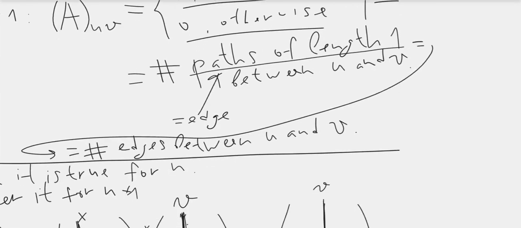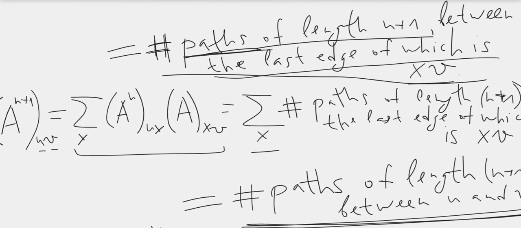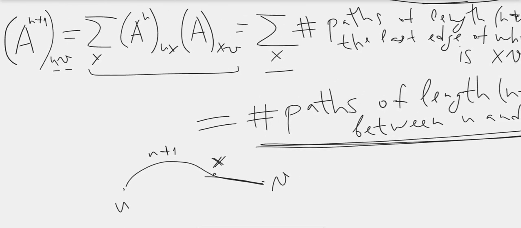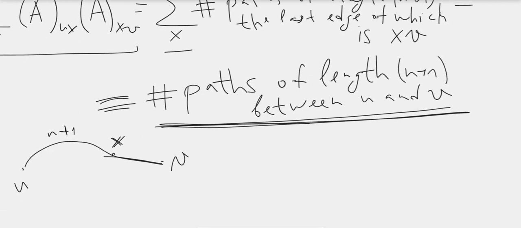And this is exactly what we obtained: the element of A to the power n plus 1 at u and v is equal to this. So this concludes the proof of the theorem.